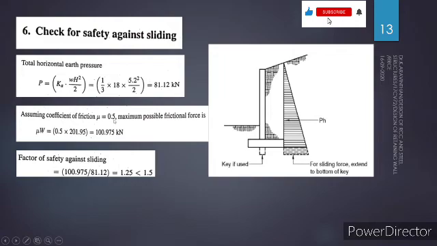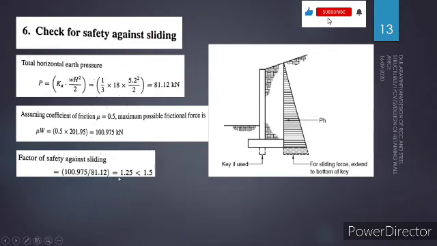In the given data, they have given 0.5 as the frictional coefficient. What is the total dead load of the structure? The dead load is 201.95, which we identified in the stability calculation. If you multiply that, we have a frictional resistance of 100.975 kilonewton. If you divide 100.97 by 81.12, we get 1.25.